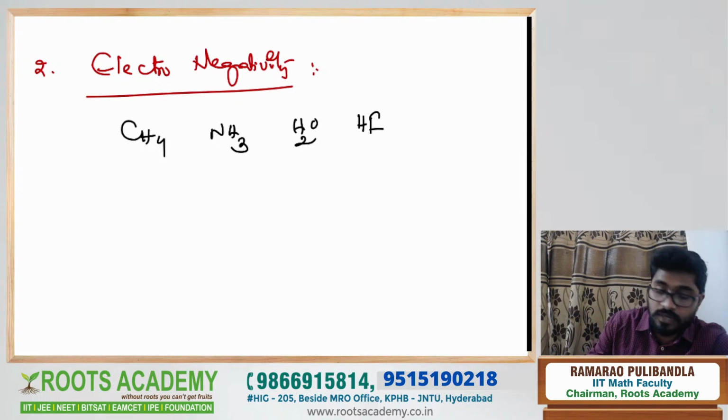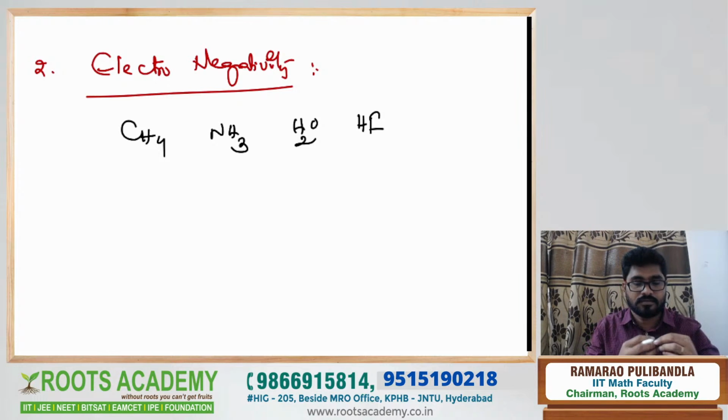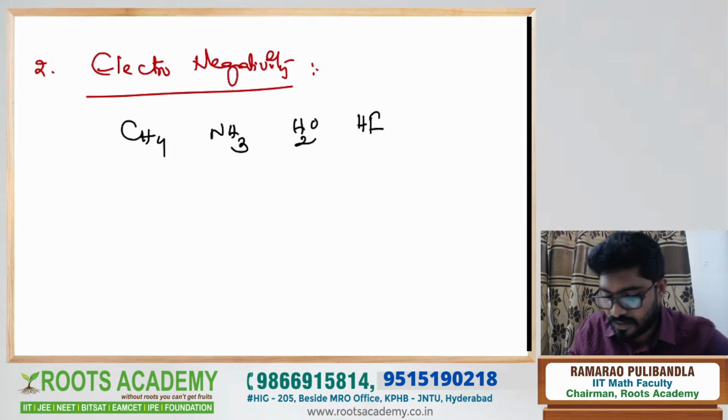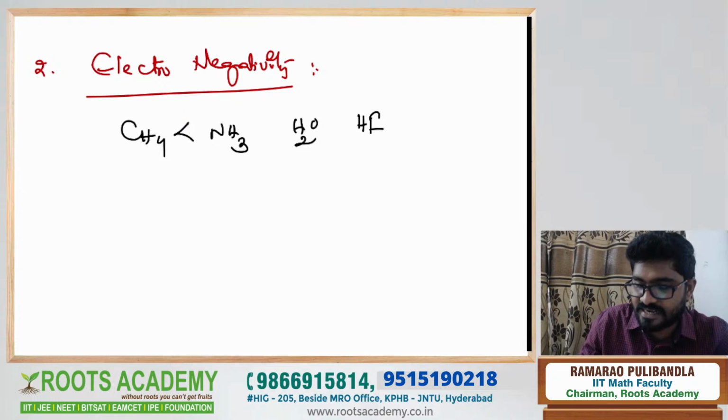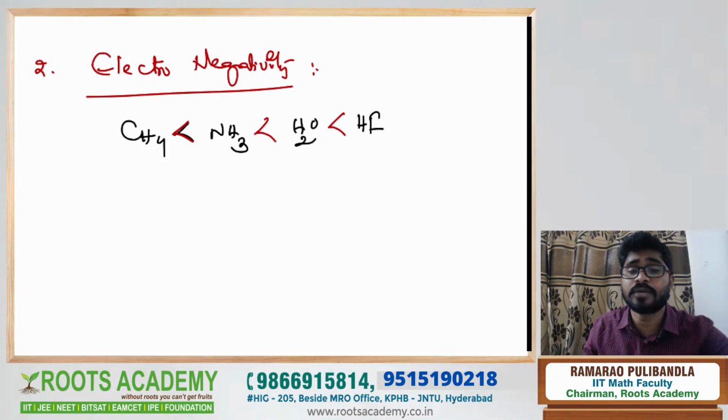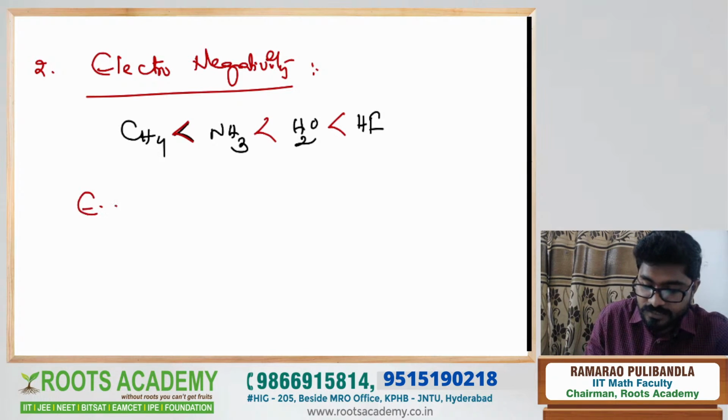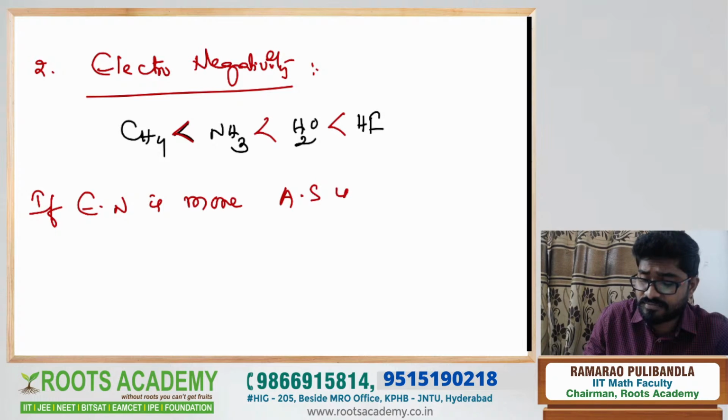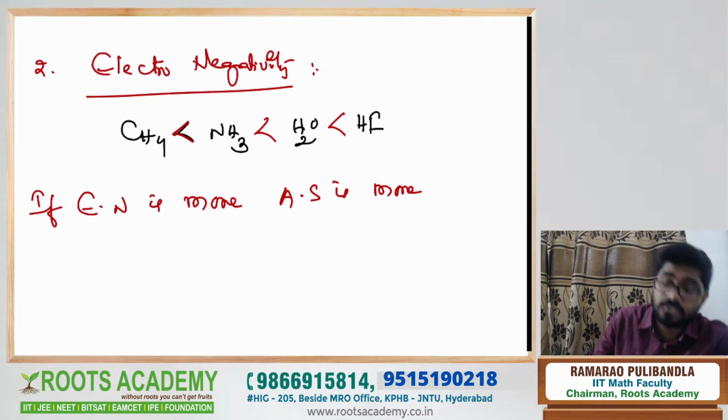HF, no? So acidic strength is again we can take like CH4 is less than NH3 less than H2O. So electronegativity is more, automatically acidic strength is more. Right, at this point, if EN is more, acidic strength is more.